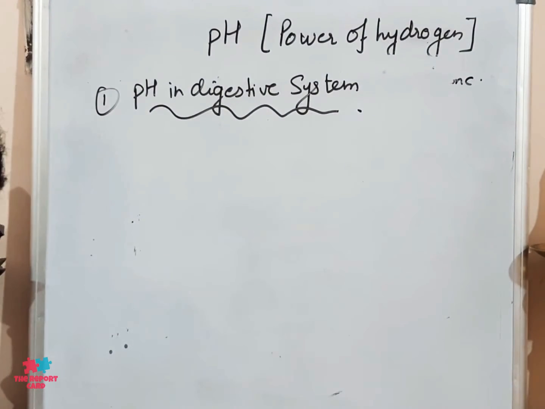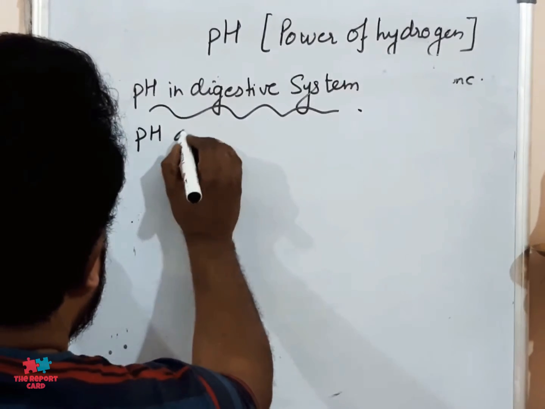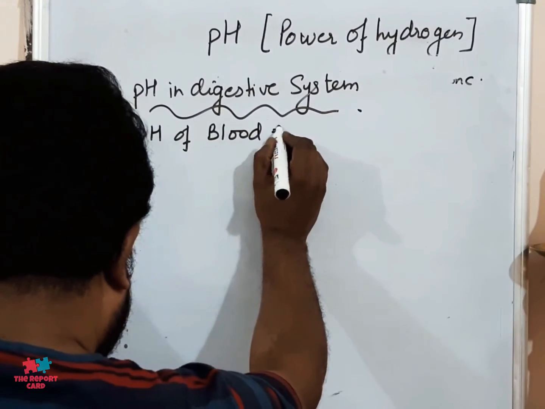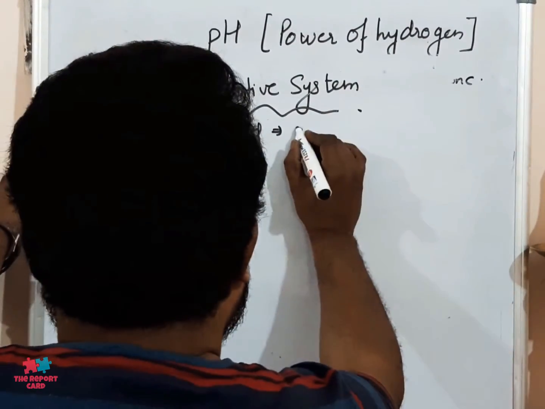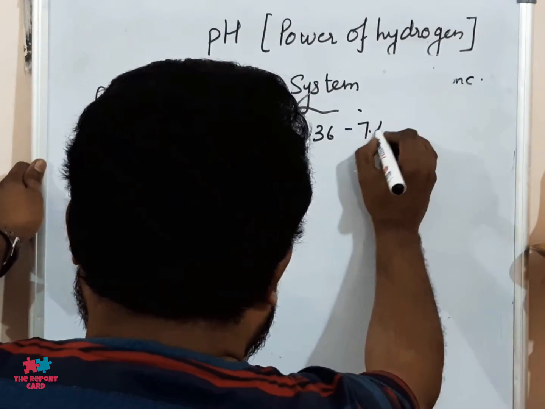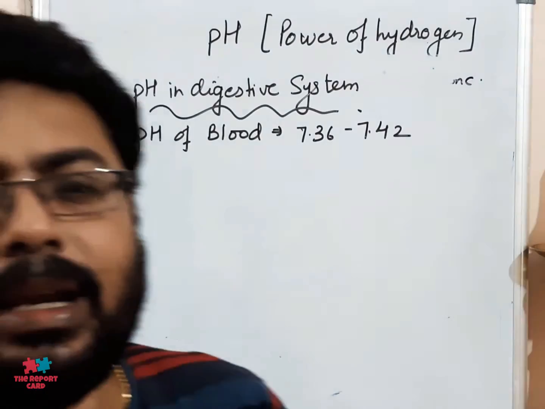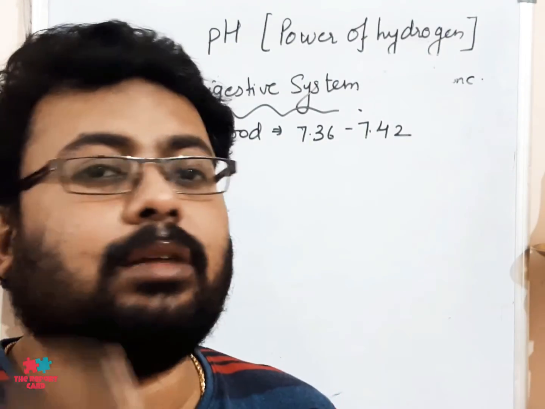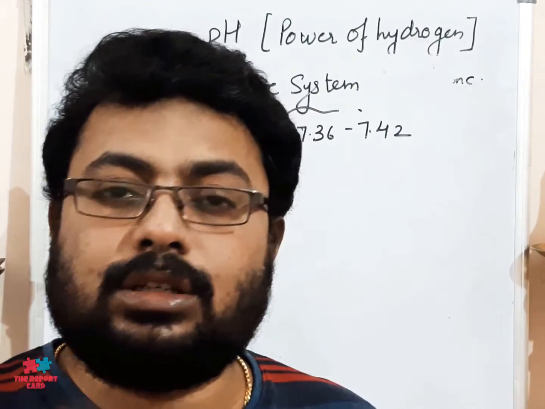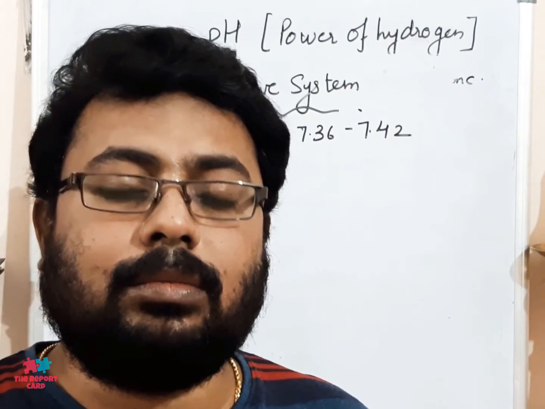Second, the pH of blood. That also has to be maintained, and this is again very important. It is around 7.36 to 7.42. So blood has to be slightly alkaline. Acidic blood is not good because it leads to kidney stone formation; the chances increase when the blood becomes acidic.